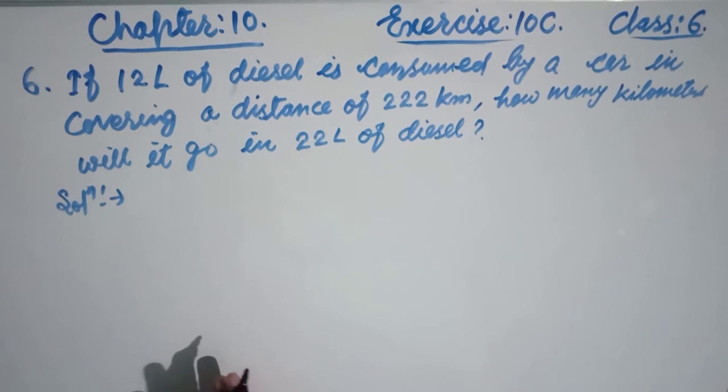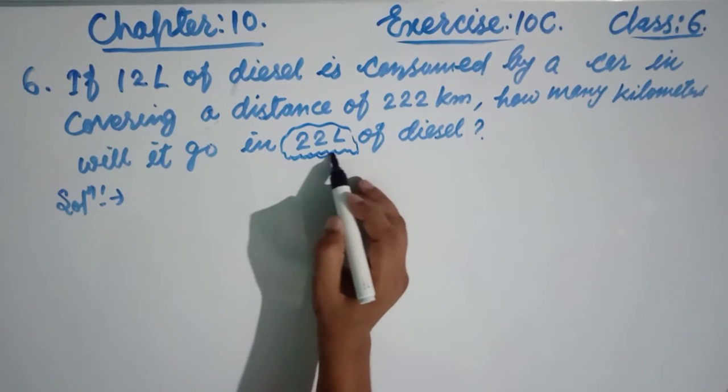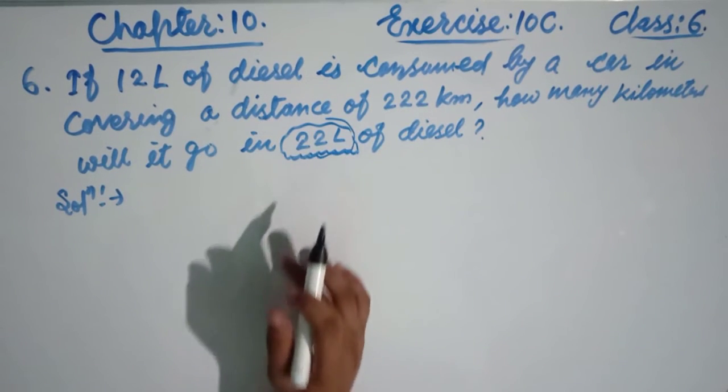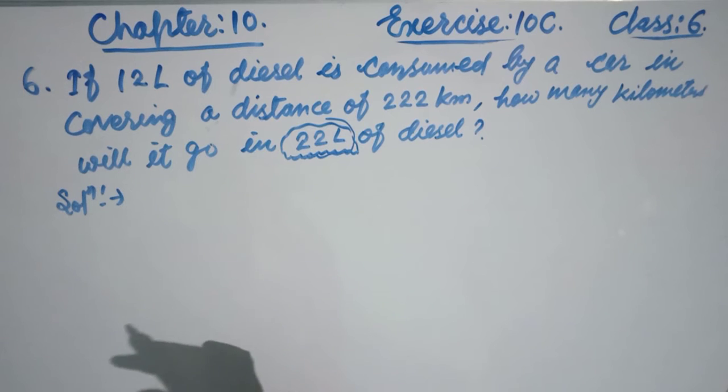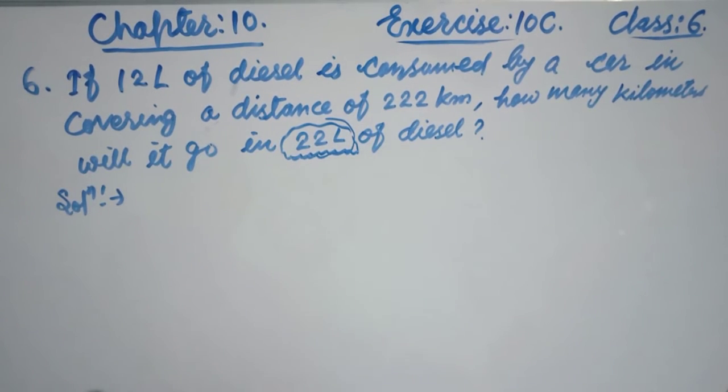Very simple, friends. One thing is very important here: we have to find the required number of units, 22. That means in 22 liters, how far the car goes.